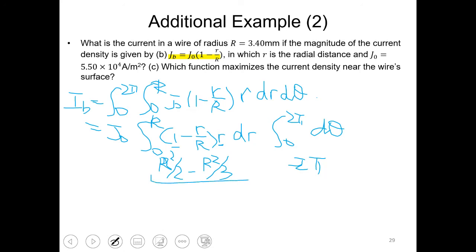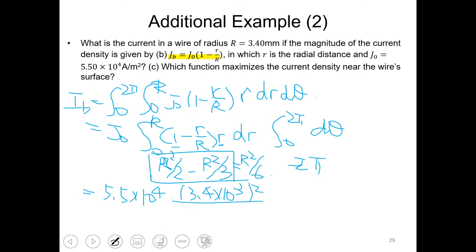So this one will become R squared over 6. So we can just substitute all the numbers. 5.5 times 10 to 4, and then R is 3.4 times 10 to minus 3 squared over 6 times 2 pi. So this will become 0.6678.